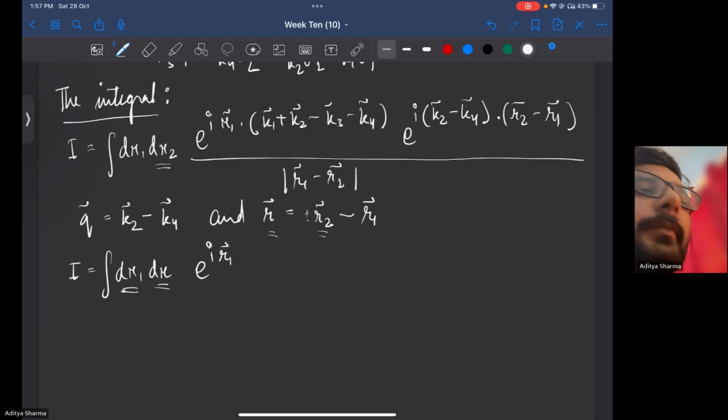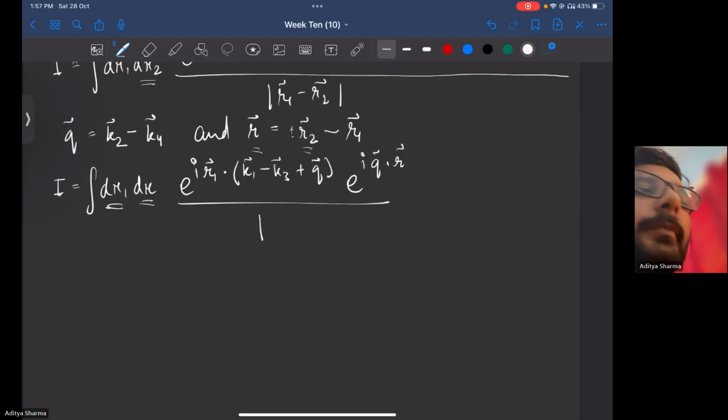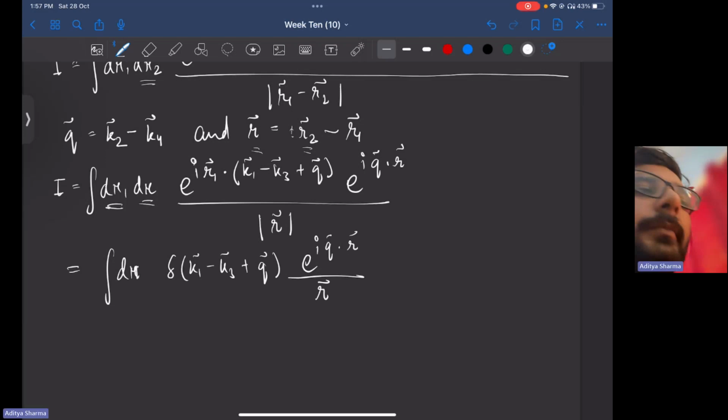R1 dot K1 minus K3 plus Q vector, or I Q vector, not R vector, by mod R vector. And we're going to integrate over R1 and get Dirac delta of K1 minus K3 plus Q.